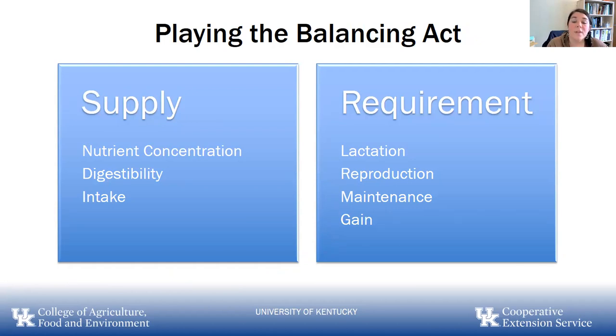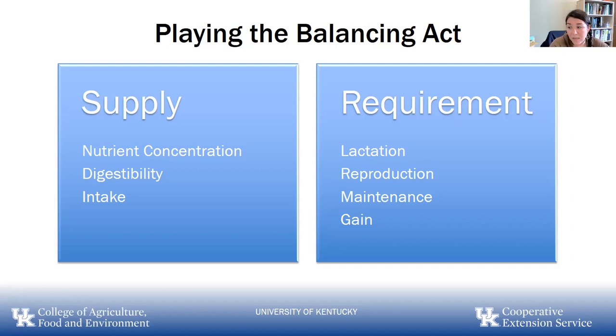What is required of the animal? What are the requirements that the animal needs in order to survive and thrive? Requirements differ between lactation, reproduction, maintenance, and gain. If you're feeding out early bred heifers, what's the requirement versus a cow in early lactation?